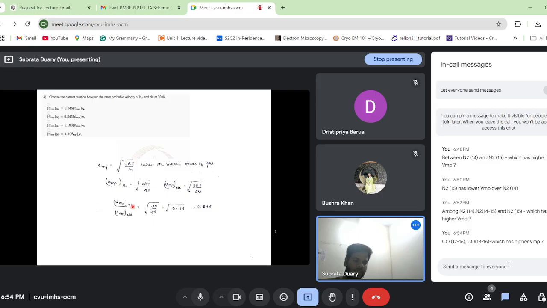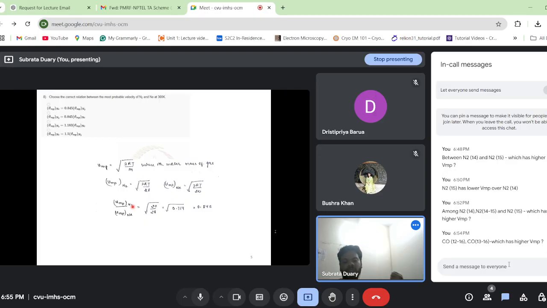Consider carbon monoxide gas where carbon has 12 and oxygen has 16, and carbon has 13 and oxygen has 16 isotope. So this is the combination where you will get the higher most probable velocity.